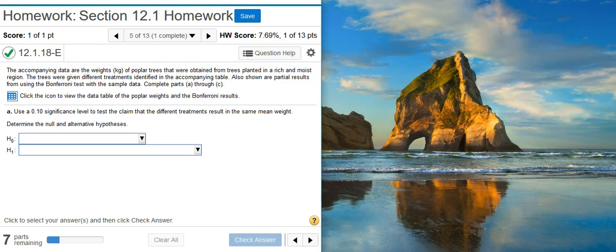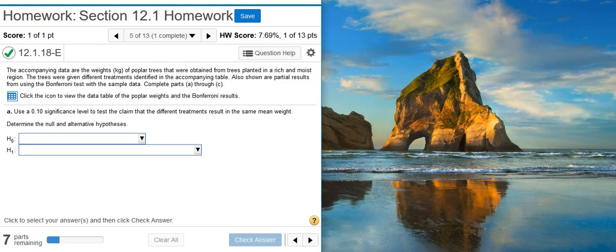Part A says, use a 10% significance level to test the claim that the different treatments result in the same mean weight. The first thing we're asked to do is determine the null and alternative hypotheses. For one-way ANOVA, the null and alternative hypotheses are pretty much the same regardless of what it is you're actually testing.